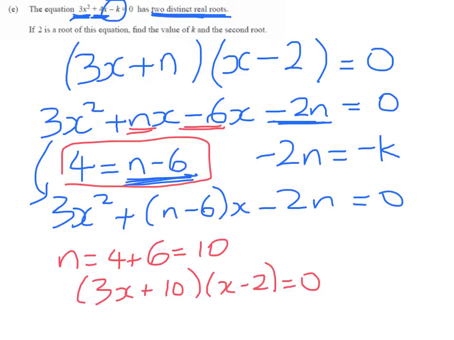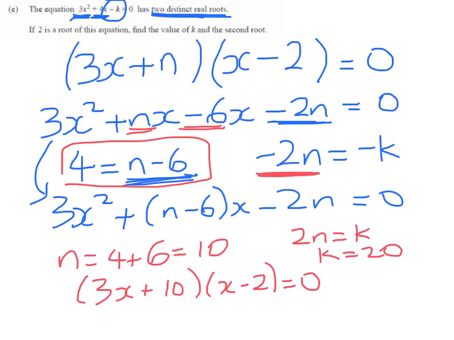And when we expand that, we will find our value of k, or we could find our value of k by looking at this. So we've got 2n is equal to k. K must equal 20. The other thing we're asked to do is to find the value of the second root.